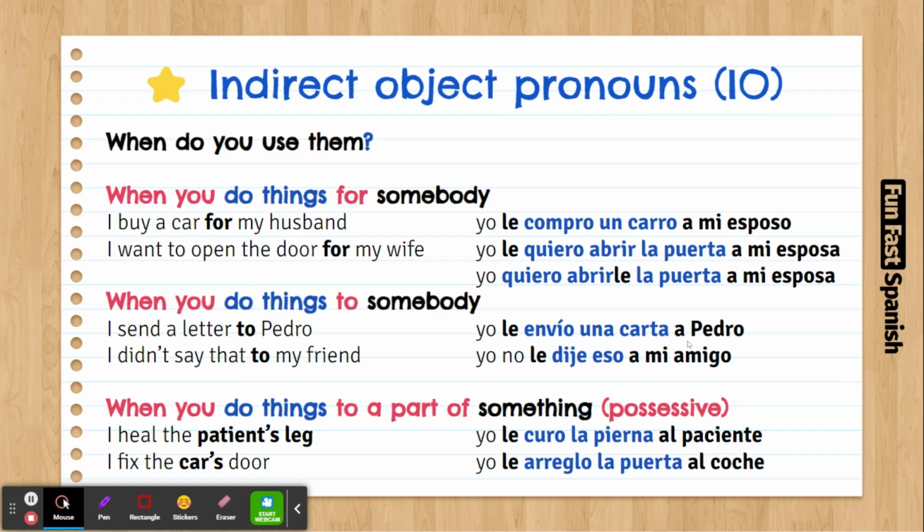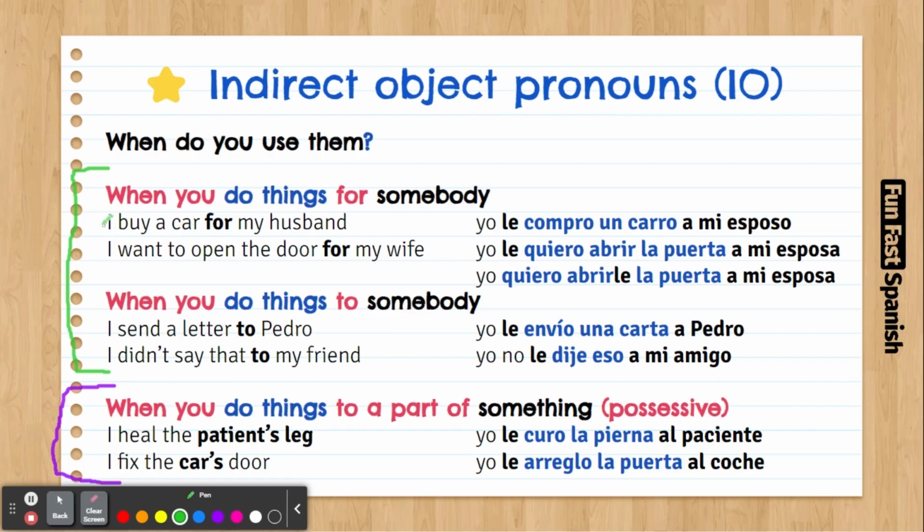This is like 95% of the times, where there is a somebody and a thing. And there is a tiny part of situations when you do things to a part of something, like a possessive, but it's not as popular as the first two. Anyways, let's have a look at these examples, and then we materialize this concept.